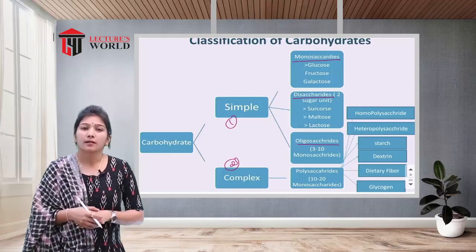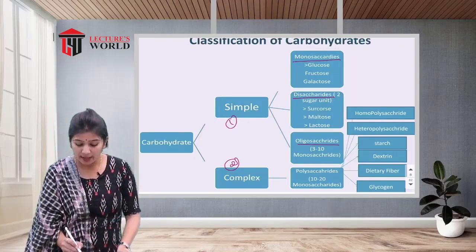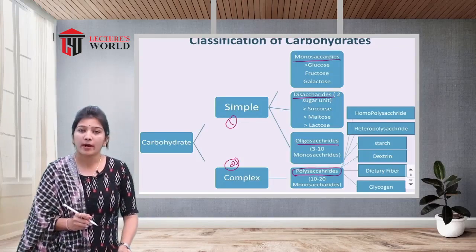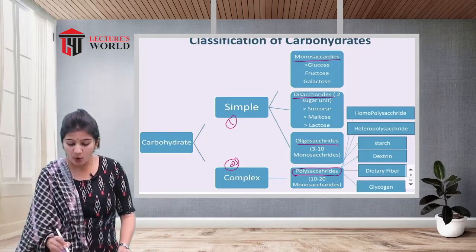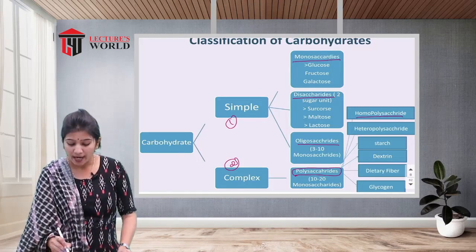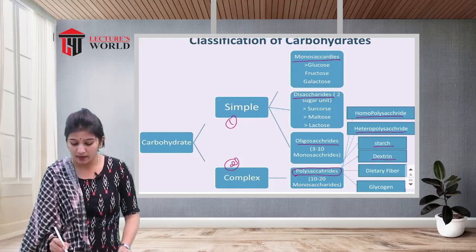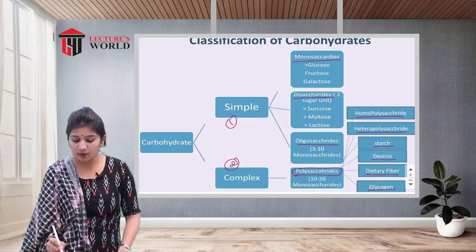The complex carbohydrate has one type, that is polysaccharide. And this complex carbohydrate is further divided into homopolysaccharides, heteropolysaccharides, starch, dextrin, dietary fiber and glycogen.